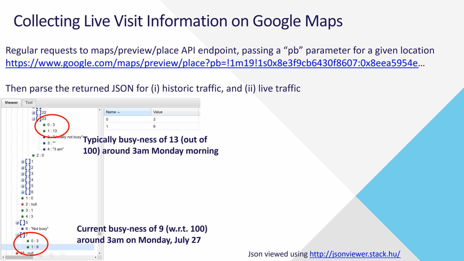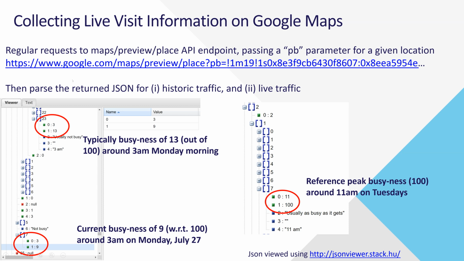If there's more traffic than historically seen during peak hours, you can occasionally get values that exceed 100, but they're still normalized with respect to a value of 100. In this case, the peak hour is 11 a.m. on Tuesdays, where you have this value of 100 with a text description of usually as busy as it gets. In this particular case, the location in question is not the petrol station I showed before, but the airport in Bogota.